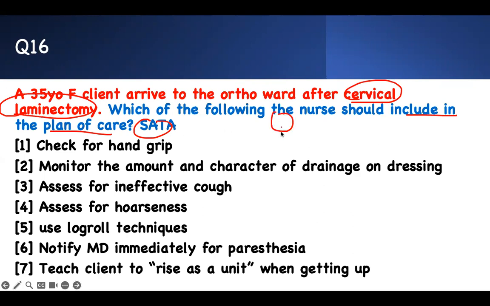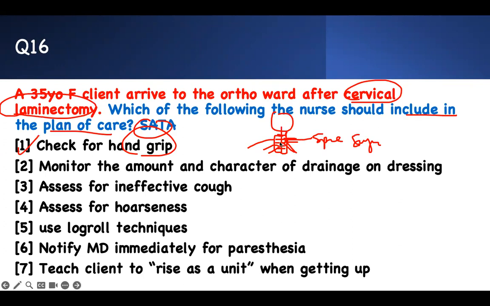If this is the head and there is the spine, the cervical vertebrae here, they have a laminectomy, or you can turn it into what? Spine surgery. There are nerves that go through these lamina and the vertebra. When you have spine surgery, you expect them to get injured. And the cervical region controls your hand. Therefore, why don't you check their hand grip? See if there's a nerve injury.